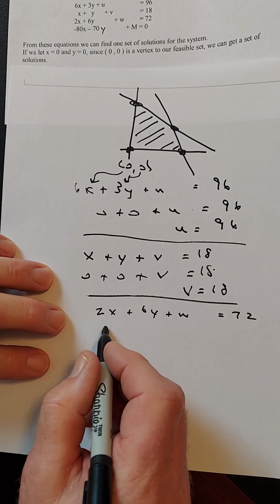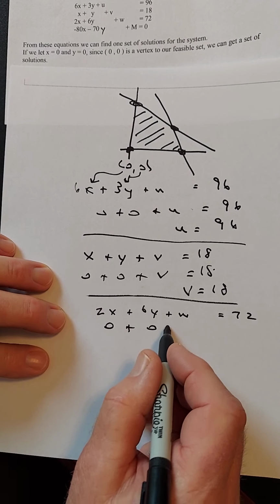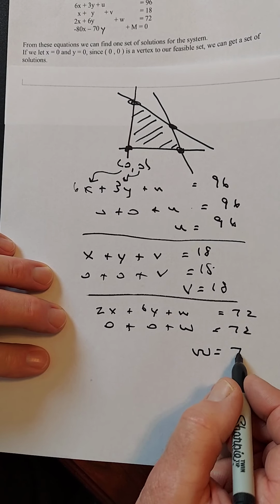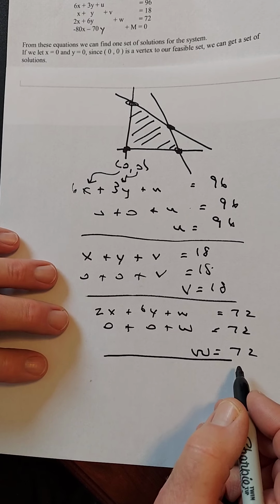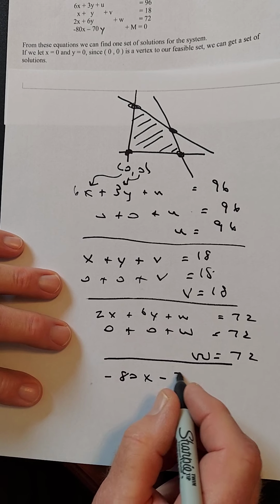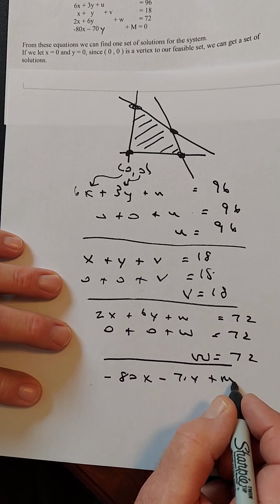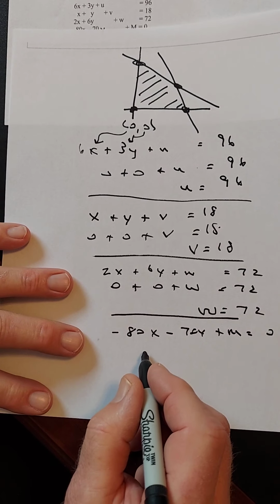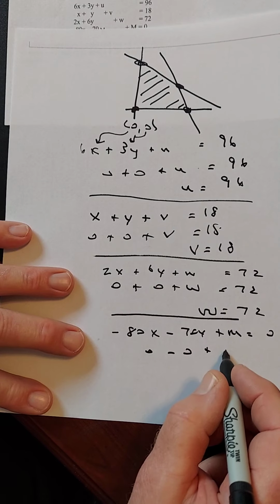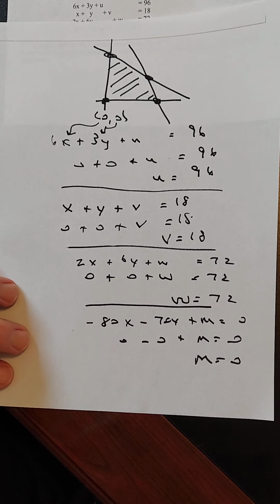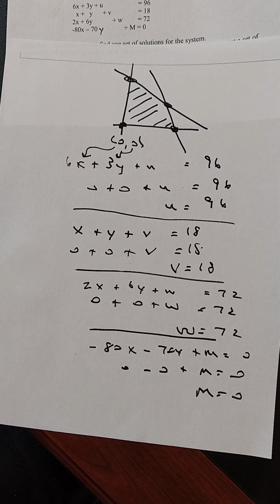So if I put 0 in for x, and 0 for y, I got 0 plus w. So w is equal to 72. And on the last one, we had negative 80x minus 70y plus m equals 0. So if I put 0 here, I'm going to have 0 minus 0 plus m equals 0, and m is equal to 0. What you just did, you found one set of solutions by plugging in that 0, 0.